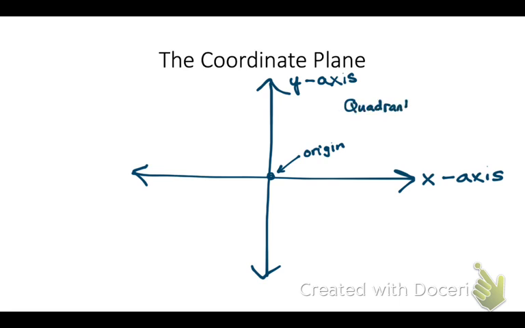So quadrant 1, in Roman numerals. Then do we go clockwise or counterclockwise? Counterclockwise. So 2 is over here. 3 is down here. And then 4 is down here, bottom right.